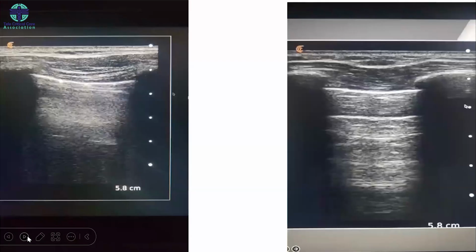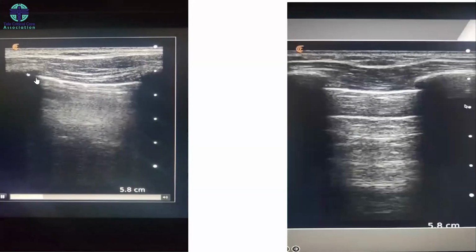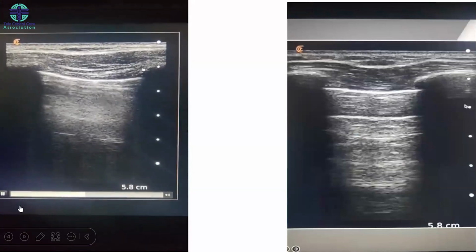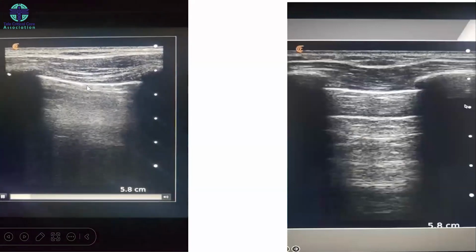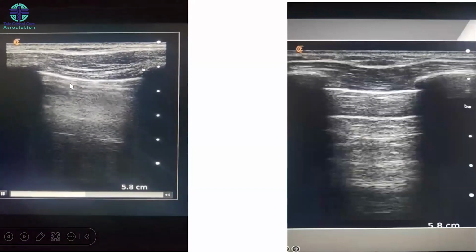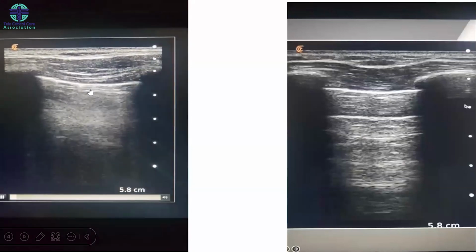Now, in pneumothorax, what happens? First, we will see what happens in a normal patient, right? On the left side of the screen, we are doing lung ultrasound and it shows the pleura is sliding. The visceral pleura and the parietal pleura are sliding on each other. That means it is normal.